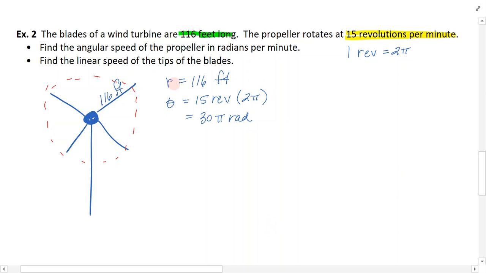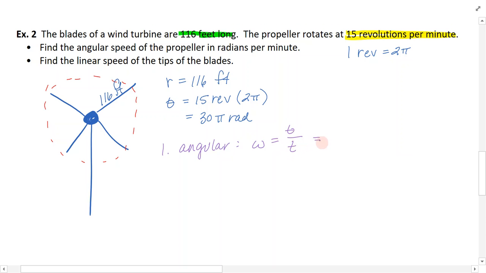So now I know that the radius is 116 feet. I know that the angle I'm interested in is 30 pi radians. And I can now answer the two questions. I want to find the angular speed. The angular speed, which we defined earlier as omega, is equal to theta over time.